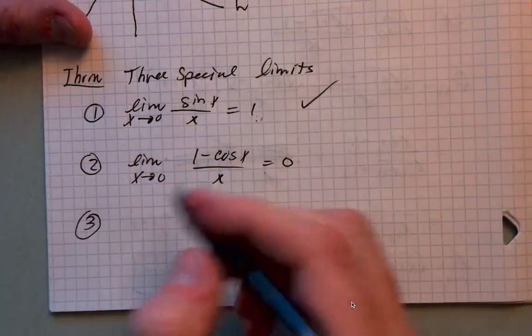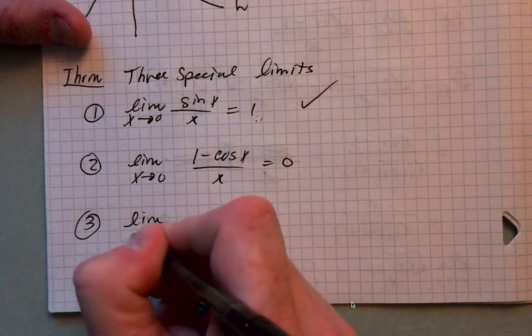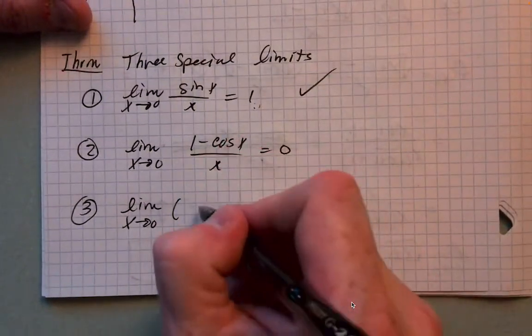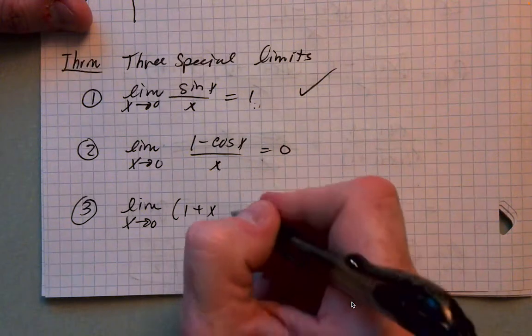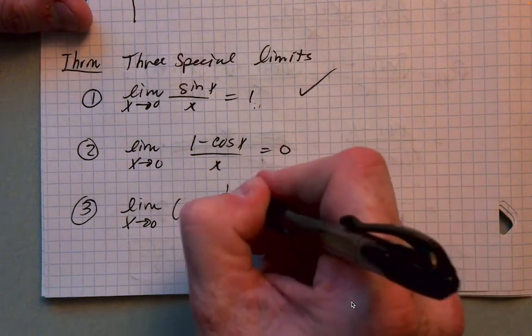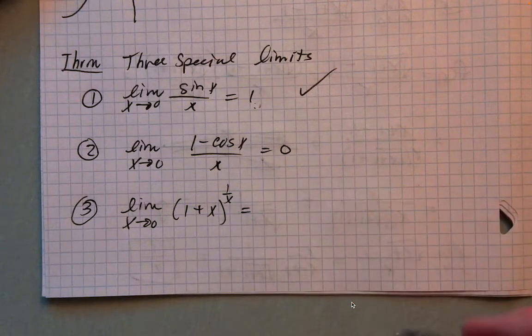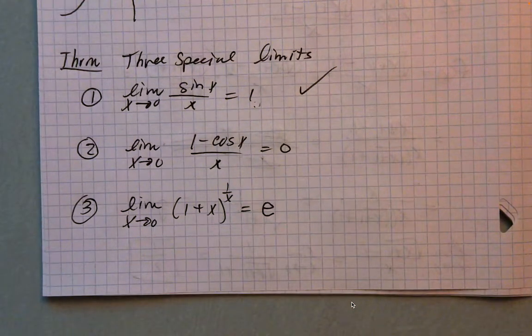And the third one is the limit as x approaches 0 of (1 plus x) to the 1 over x power. And that is equal to, miraculously enough, e.